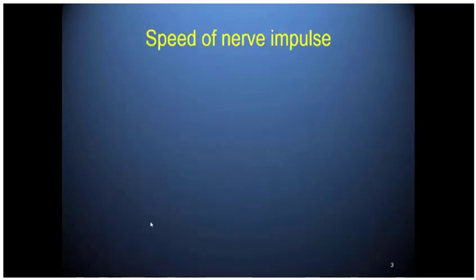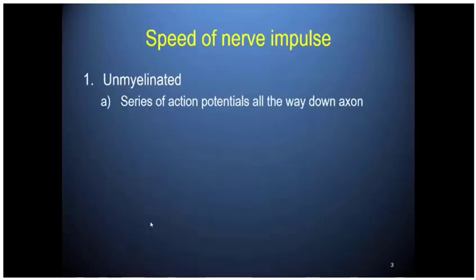Okay. So the speed of the impulse does vary. We're not talking about the intensity of the action potential, but the speed at which it moves down the axon can vary. An unmyelinated axon is one that has none of that fatty insulation wrapping that is created by the oligodendrocytes in the CNS or by the Schwann cells in the periphery.